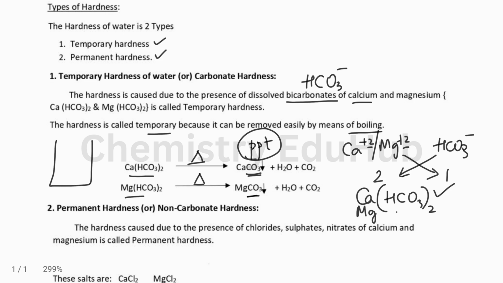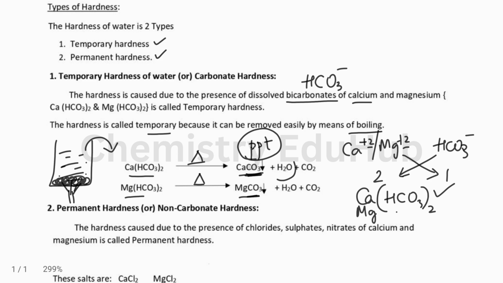Suppose this is your hard water which contains calcium bicarbonate. Upon heating, it settles at the bottom. You can see white salt settling at the bottom. Now when it settles, we can just filter this water off and you can use the soft water, which is free from the calcium and magnesium salts.